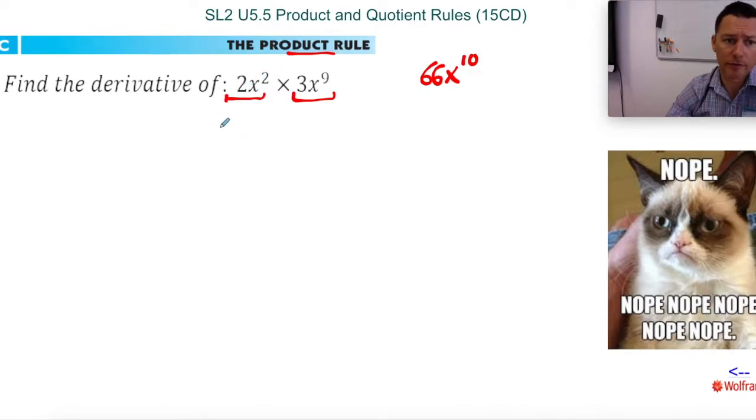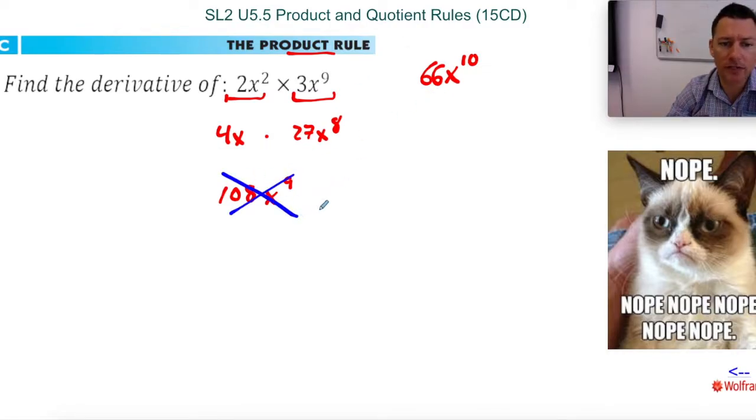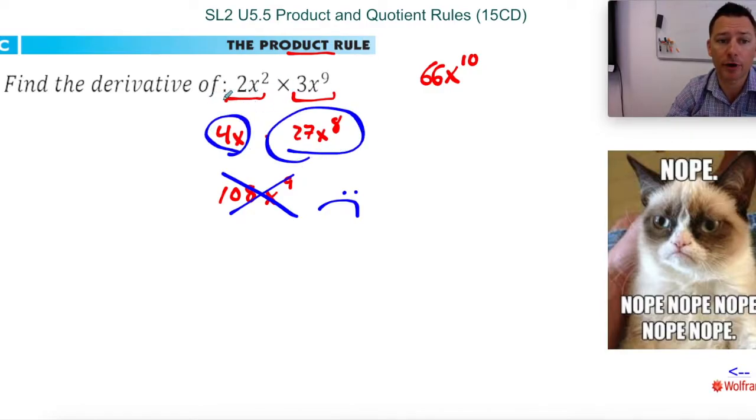Well, the derivative of this would be 4x to the first, and this would be 27x to the 8th. That's 108x to the 9th. And so that's not what we're supposed to get. So this trick doesn't work. You can't just take the derivative of one and multiply the derivative of the other and get the derivative of the product.